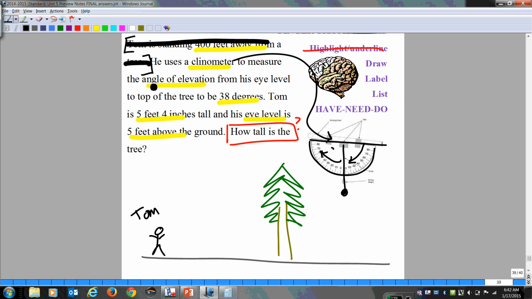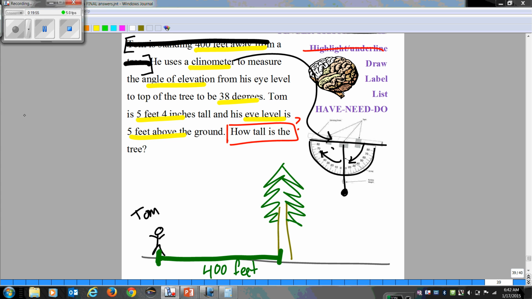Oh, 400 feet, we didn't account for that. So from Tom to the tree is 400 feet. Using the clinometer, the angle of elevation at his eye level.